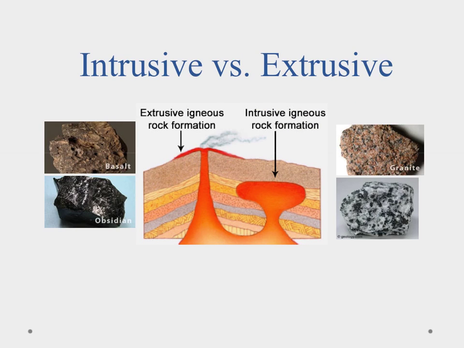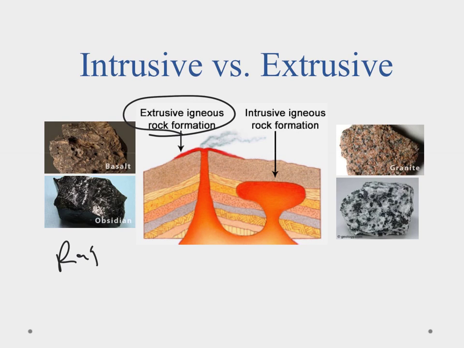Now, these textures can be explained by how the molten material cools off to form the igneous rock. If we start first with our extrusive, and we take this rock and throw it out into the atmosphere, dump it into water, or set it down, it's going to cool a lot faster. So when you have an extrusive, it's going to be rapid cooling.